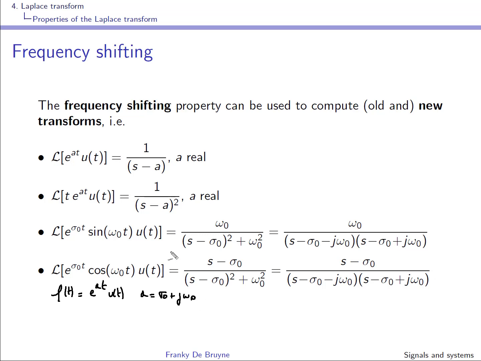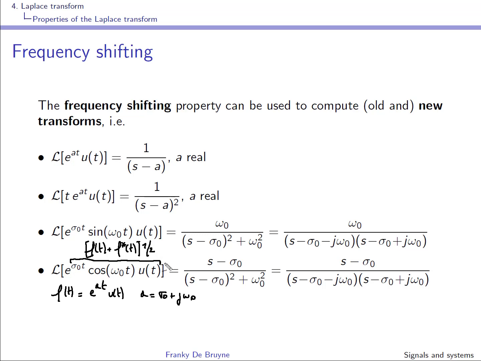Okay, and we had seen that you can obtain this signal over here by taking the real part of this signal over here. But another way to see this was that this signal is f of t plus its complex conjugate, and the whole thing multiplied by a half.